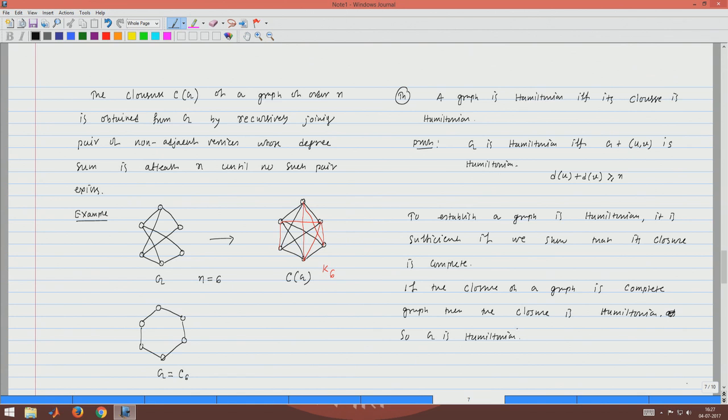Okay. So, the concept of closure is somewhat important, because to prove that a graph is Hamiltonian or not, one way is to check whether the graph contains a Hamiltonian cycle or not.